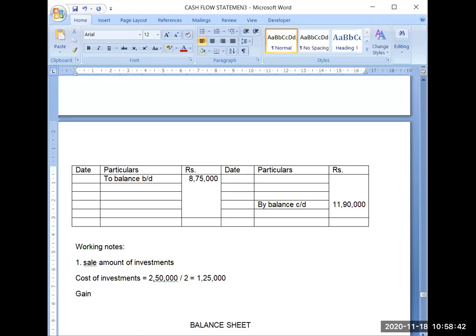Then gain on sale at the rate of 10% is equal to 12,500. So obviously the sale amount will be cost plus gain. It will be equal to 1,37,500.